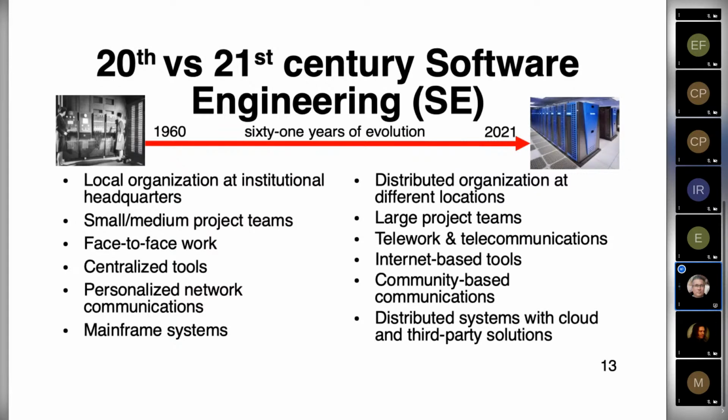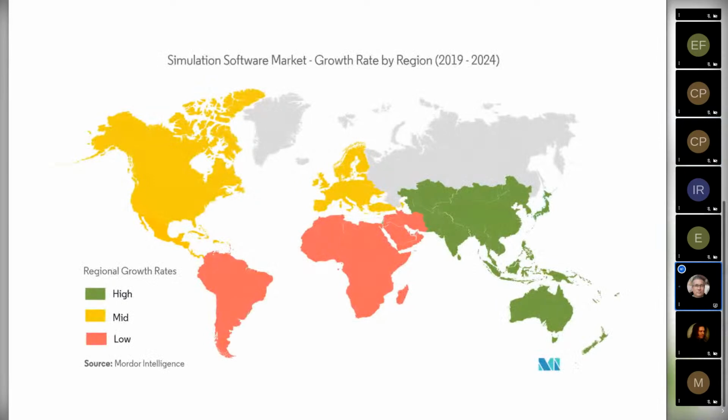Okay, we have to move to a new approach, and we need, of course, to update our understanding of software engineering. Because if we keep the philosophy of software engineering of the 60s of last century, we will fail in the way of developing software. Taking all these characteristics in mind, we can, for example, take a look at this simulation of the software market growth rate by region, done by Mordor Intelligence.